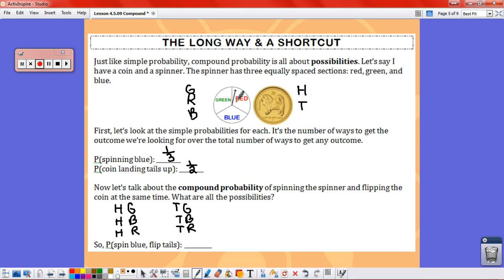Different ways that these could fall out together. So the probability that I'll spin blue and flip tails, I'm looking for T and B. So that's this one right here. So that's 1 out of 6 possibilities.